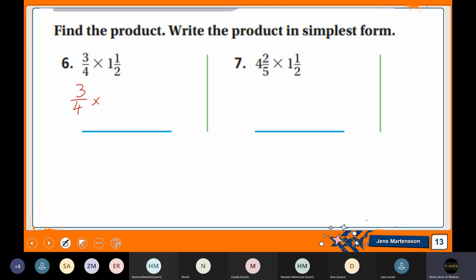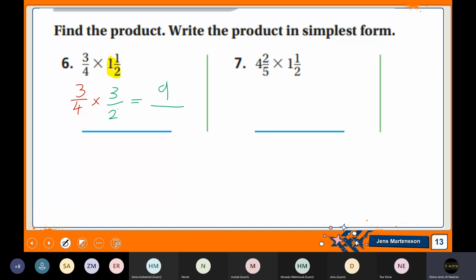You multiply what by what? 2 times 1, bravo. 2 times 1 is 2. 2 plus 1 is 3. Good job. Now, what will you do next? We multiply 3 times 3, which is 9, over 4 times 2.